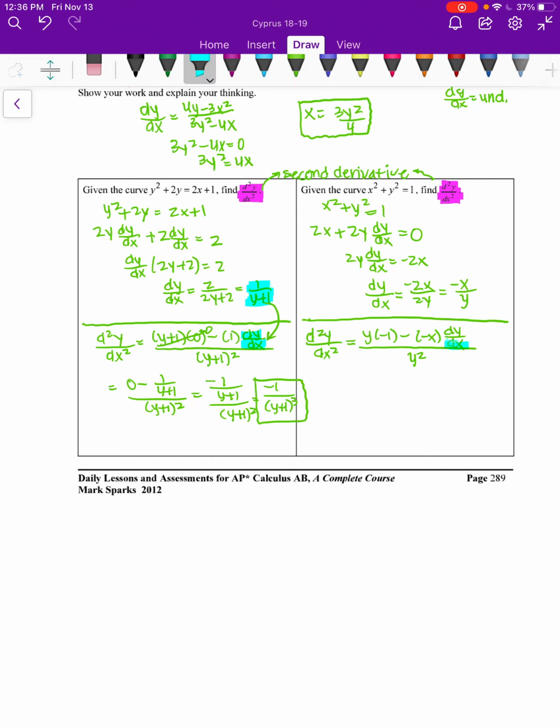And again, we know that dy/dx is negative x over y. So I am going to replace that. So this is equal to negative y plus x times negative x over y, all over y squared.